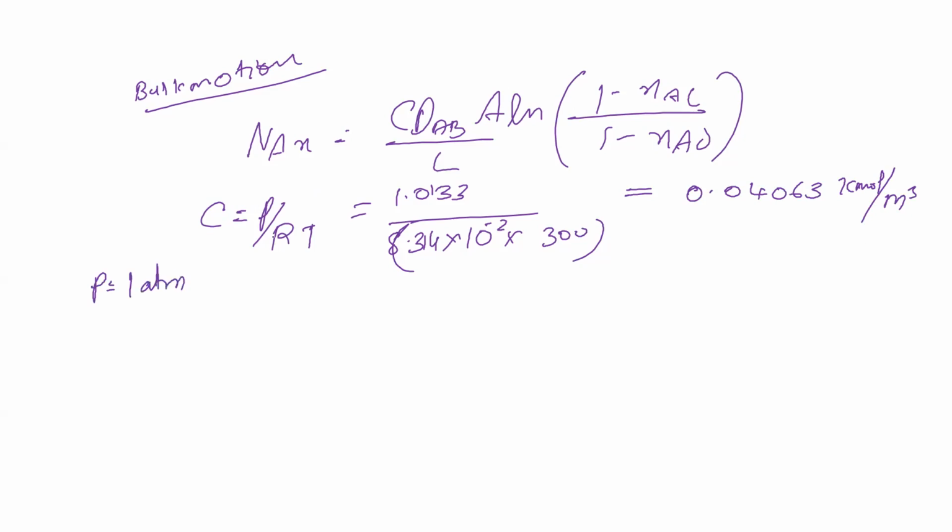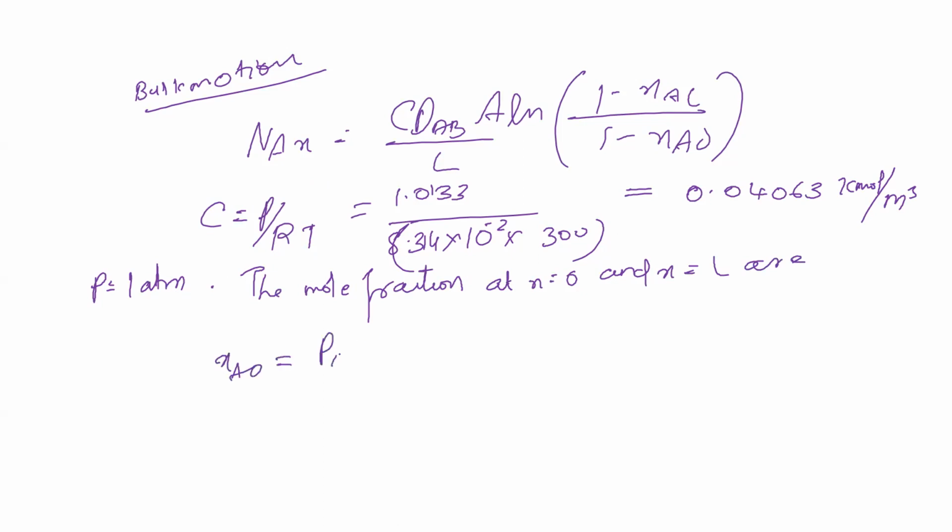P equal to 1 atmosphere. The mole fractions at x equal to 0 and x equal to L are XAO equal to PAS by P, which is equal to 0.03531 by 1.013.